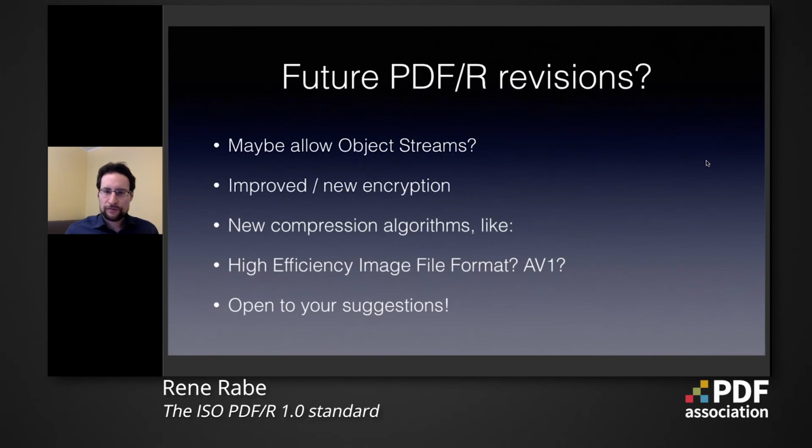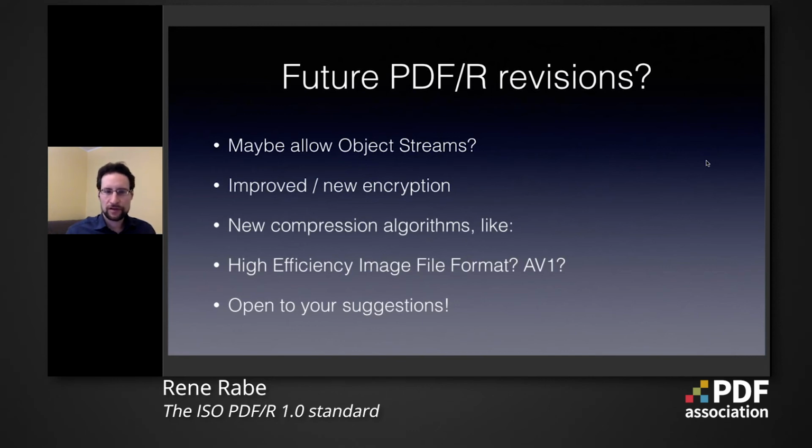What is the future, or what do we envision for the future for PDF/R upcoming revisions? So right now, for the first years, we worked on getting the standard standardized, and through the worldwide ISO process, we left some details out, like object streams that some of you might know for better encryption or encrypting more details, as well as slightly better compression, among other things.